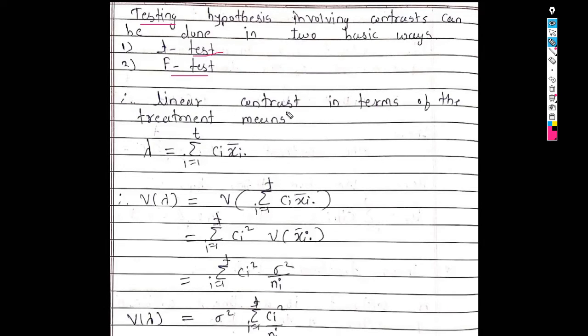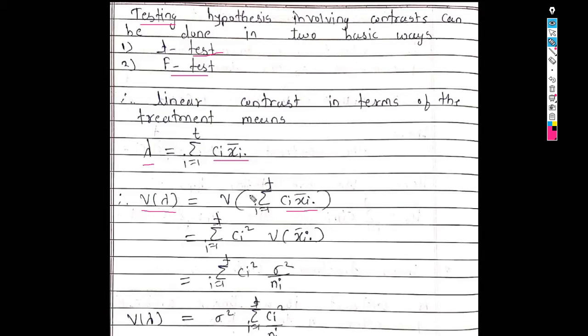So the linear contrast in terms of treatment means we denote by lambda, and in terms of summation we write this as summation over i of Ci into xi dot bar. Now to use the t test we require the mean and variance of this linear contrast or treatment mean contrast. So first we find the variance of this lambda, that is the variance of summation over i of Ci into xi dot bar.